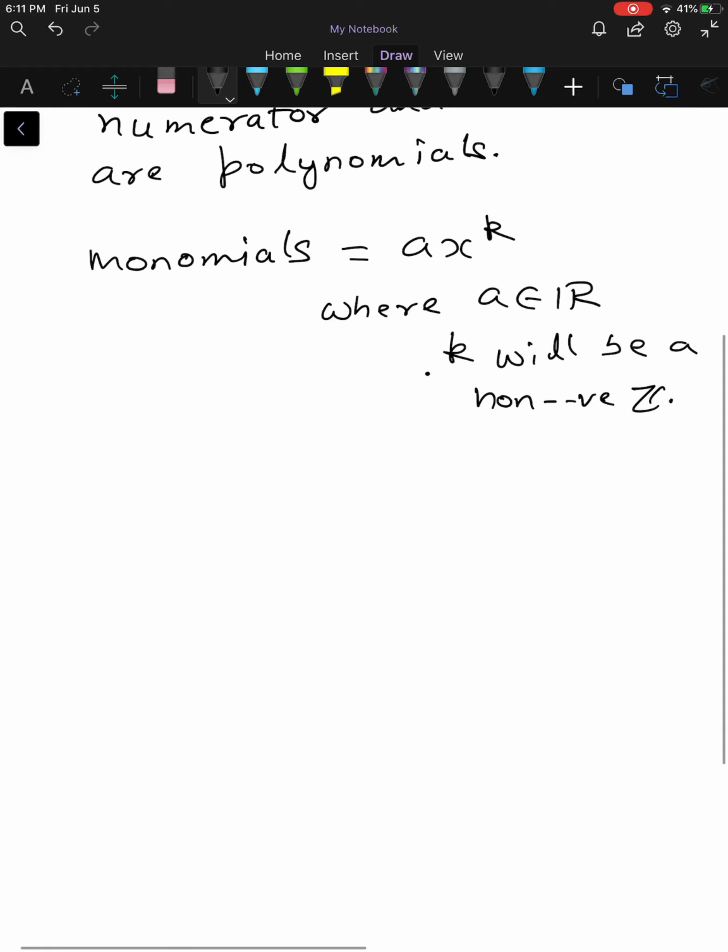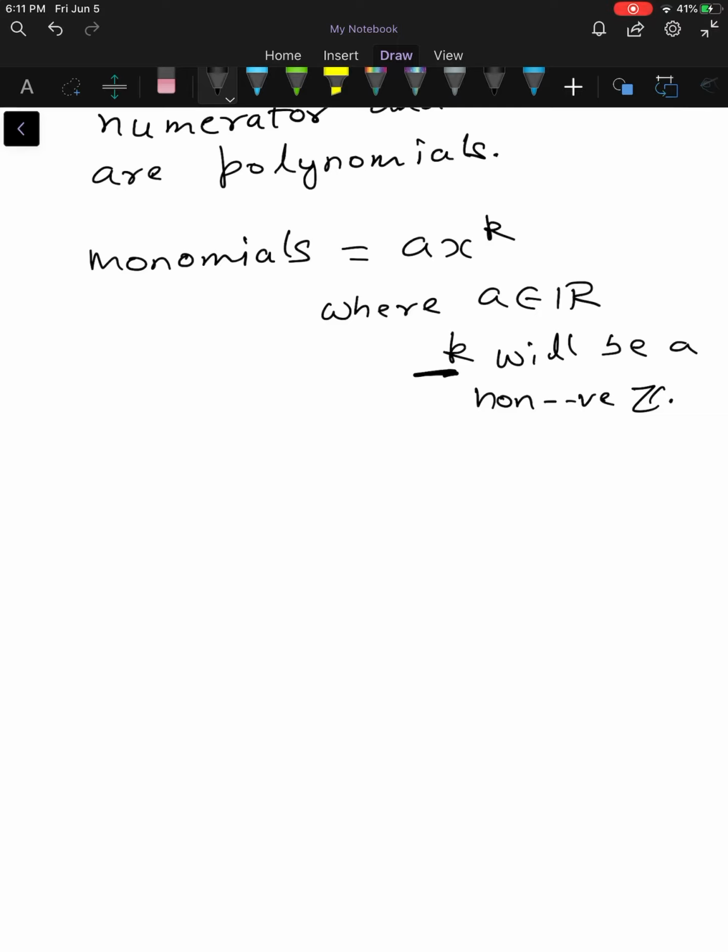That means there is a restriction on k. k cannot take fractional values. That means we are totally avoiding radicals. So polynomials do not have radicals or fractional exponents over the variable.